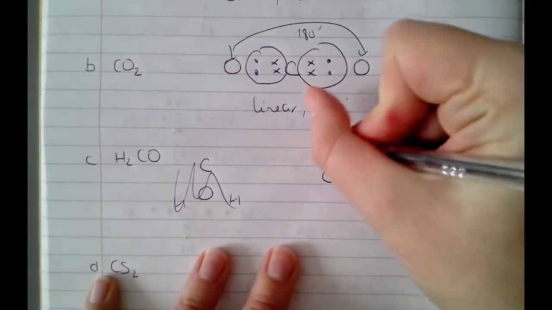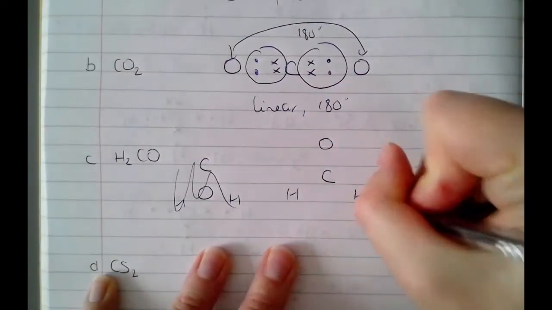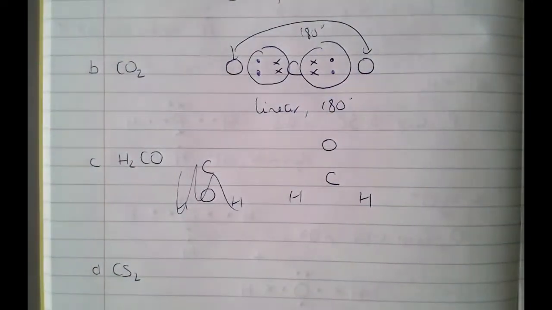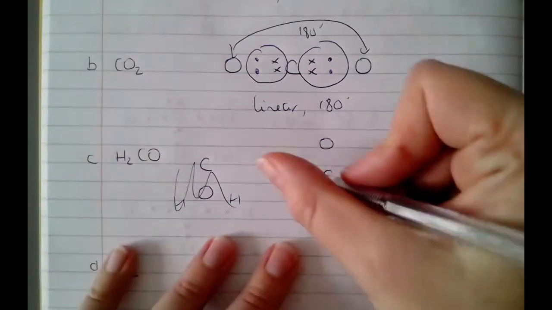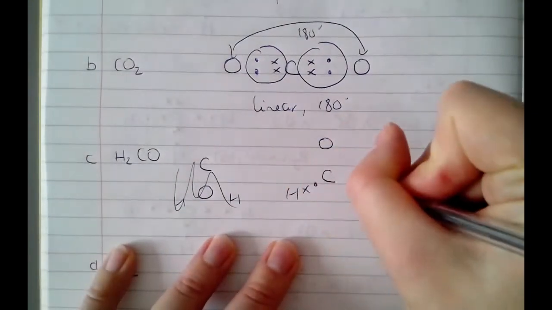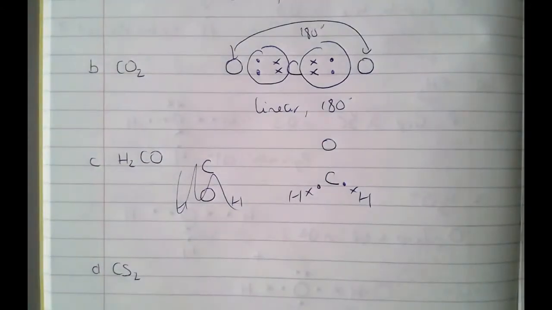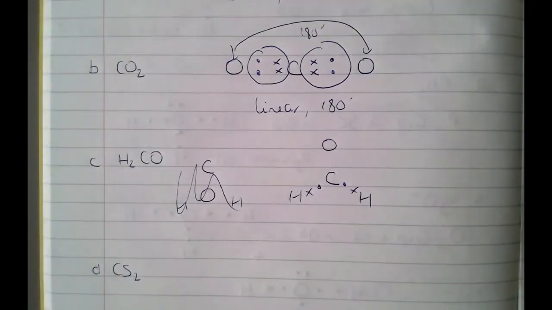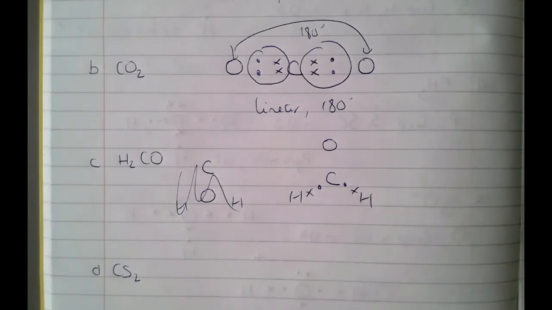I'm going to arrange the oxygen and the 2 hydrogens around it. I know hydrogen can only form 1 bond, that's it, absolutely max. So I'm going to draw 1 bond between carbon and each of the hydrogens. So that's 2 of carbon's electrons used, and carbon's forming 2 bonds, but I know it needs to form 4. I also know that oxygen needs to form 2.